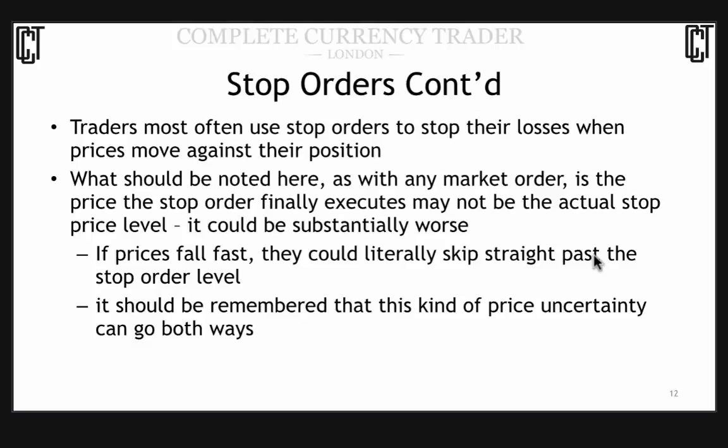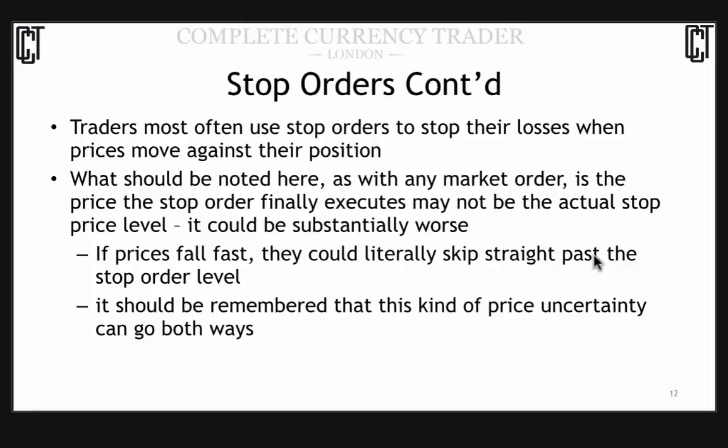Well, not really. If price is moving rapidly, liquidity is being absorbed very quickly, you may not get out until 1.2790, 1.2788, whatever it might be, because your stop order is being triggered, and then it's saying, I want to have a market order at the best price now that price has hit this level. It could work for you as well. It could obviously hit that level and bounce up, and have positive slippage for you.